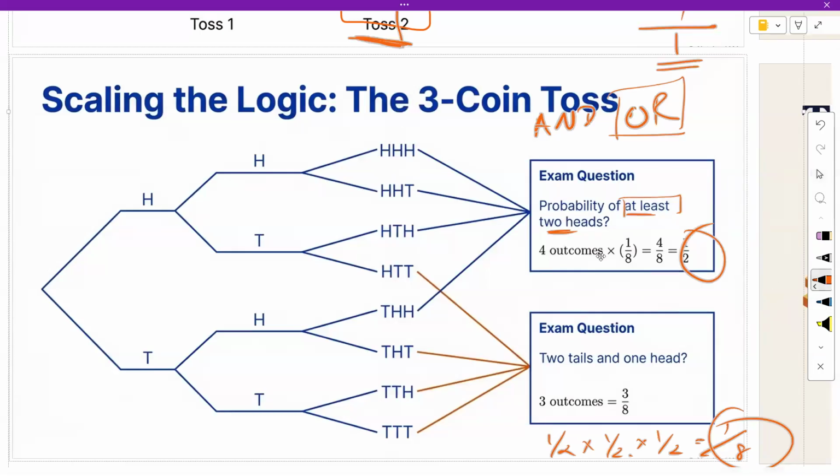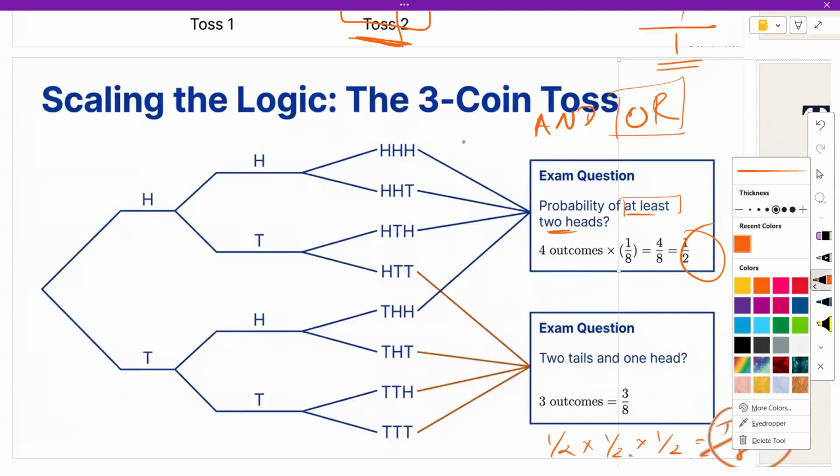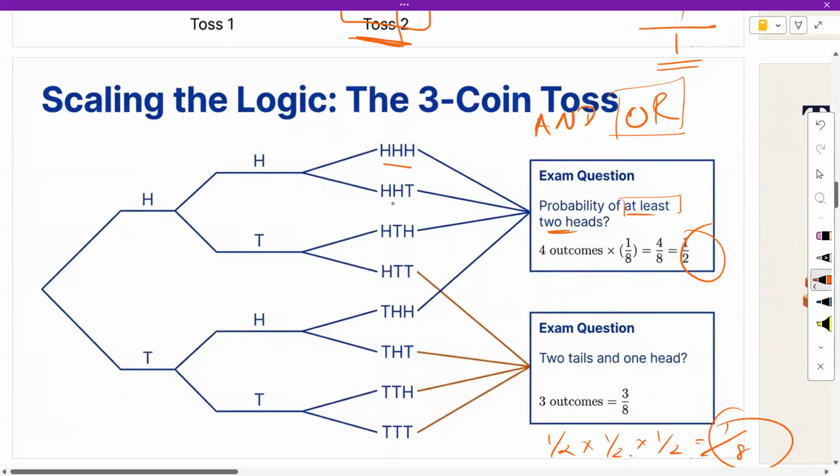Here win, because at least 1 head. Win, win, win, win, win, win. And here only I fail. Tell me the probability of winning the game. So I win 7 over 8. Very good. That's the logic.